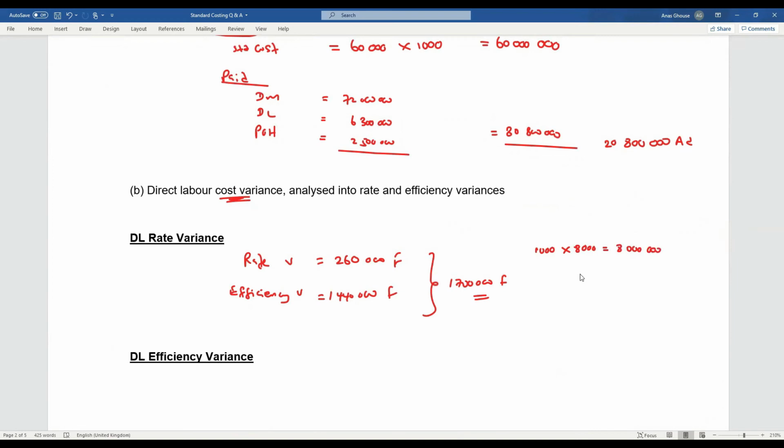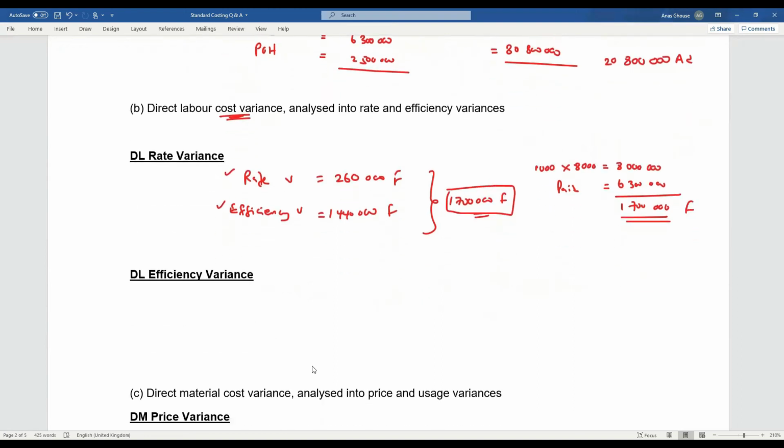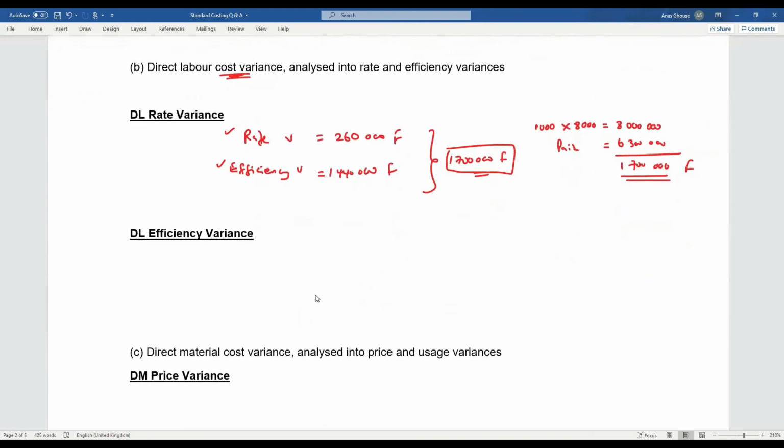Then we have paid in total 6.3 million. So therefore the total variance will be 1.7 million favorable. So this is how we calculated. This consists of rate variance and efficiency variance, basically those are the two variances.